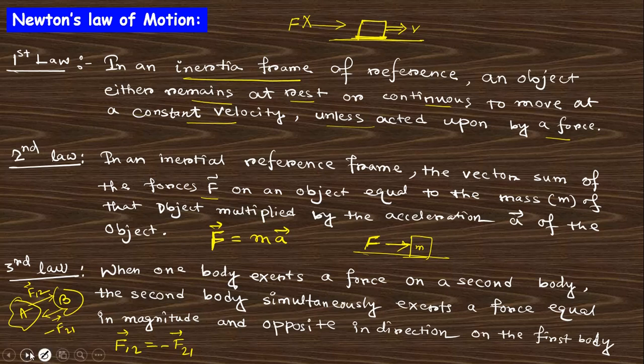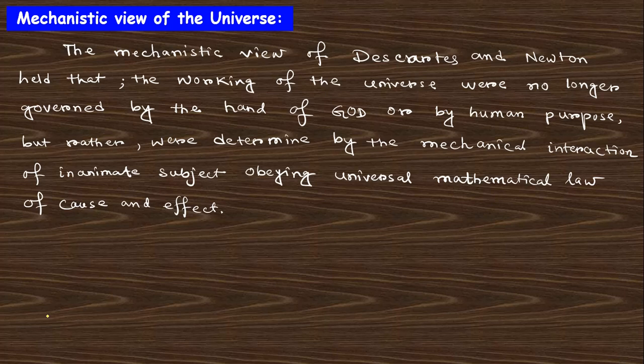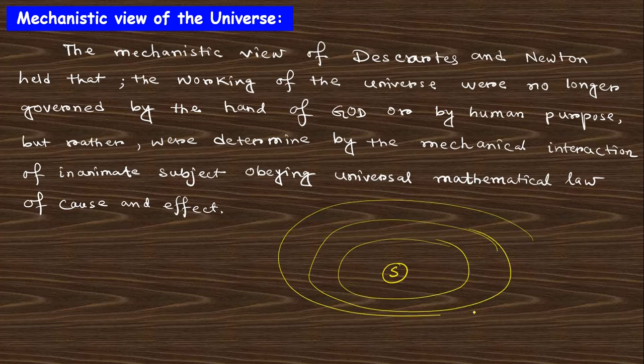Now we come to the mechanistic view of the universe. That means in this universe, this is the sun and these are the various planets. This is the solar family, and after that a large number of planets and stars are moving in this universe. This universe obeys mechanics.